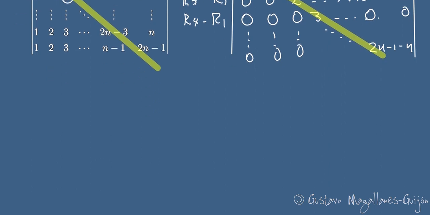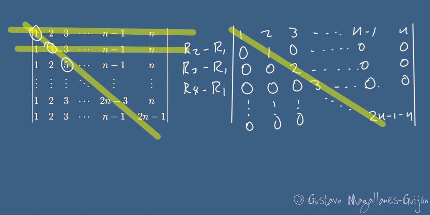Then the determinant is the product of all of these cells of the diagonal. It is because under this diagonal is completely filled with zeros.